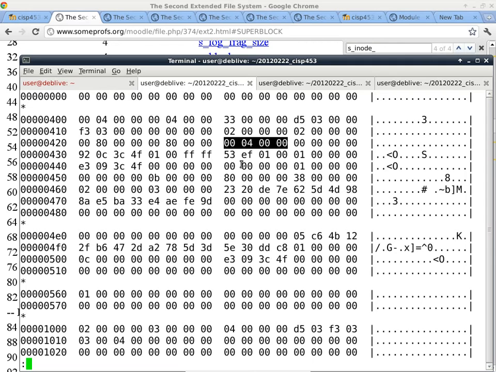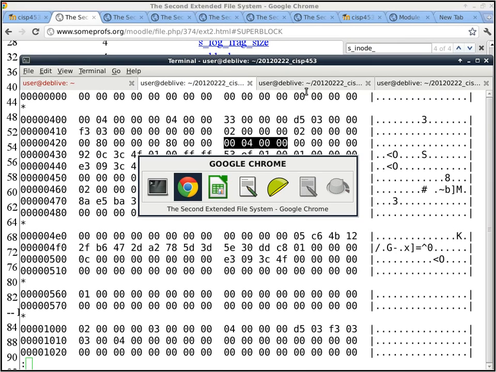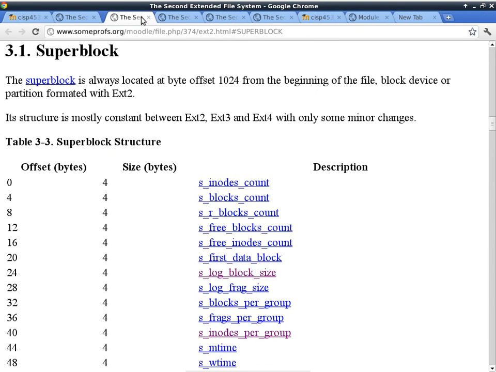So we have 1024 inodes per block group, and as a result, we have 1024 entries in the inode table. But that tells you how much you have to read in when you're reading in the entire inode table. So I have to go find out where the inode table discussion is.